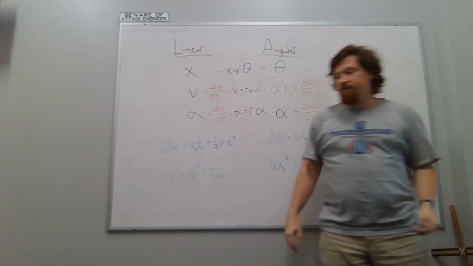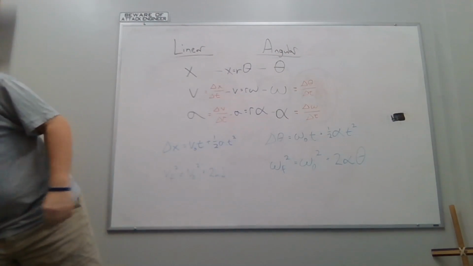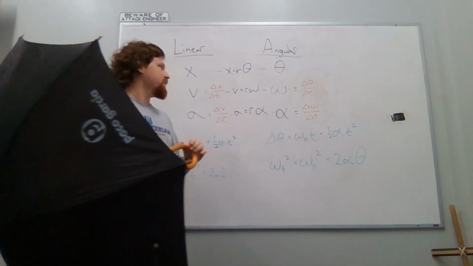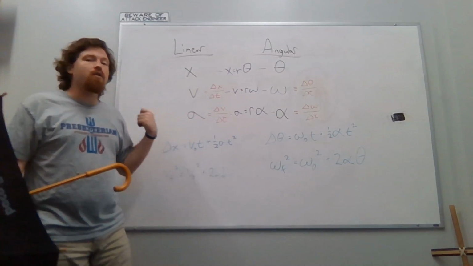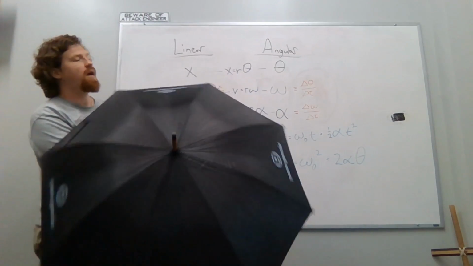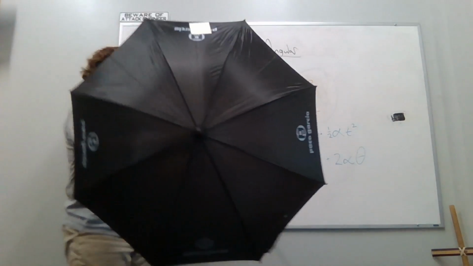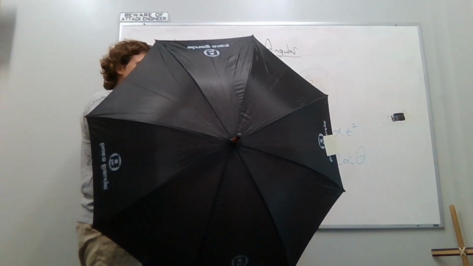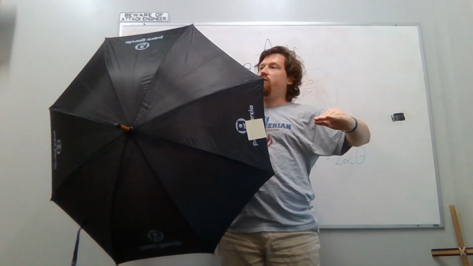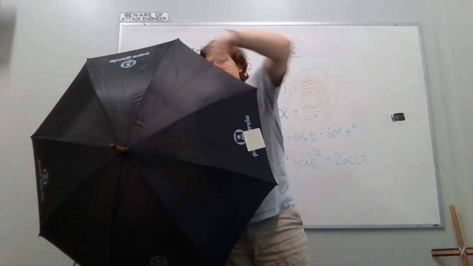Because, as it happens, objects that are rotating are moving in three-dimensional space. So when I spin this umbrella around, even though the center of the umbrella is not traveling, all of the spokes on the outside of the umbrella are still moving. If my sticky note starts up here and I rotate 90 degrees, that sticky note has traveled down linearly from where it started and out horizontally from where it started.